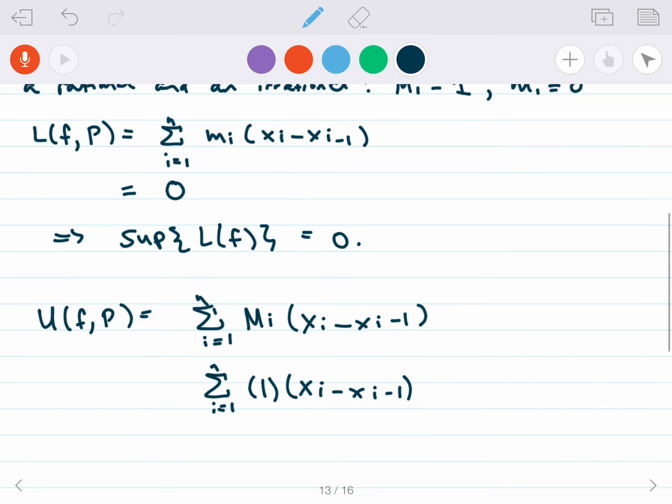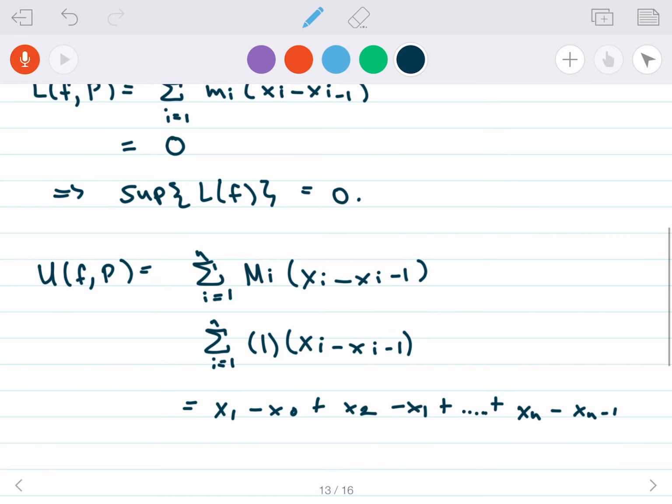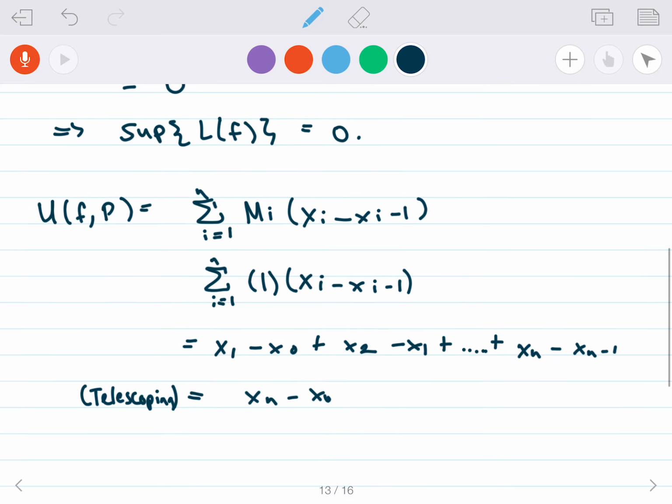Okay, and we have some telescoping going on, right? If we expand this thing out, we're going to get x_1 minus x_0 plus x_2 minus x_1 plus all the way to x_n minus x_{n-1}. Okay, and so the telescoping, when we cancel out those terms, we're just going to be left with x_n minus x_0, which is simply b minus a, right?